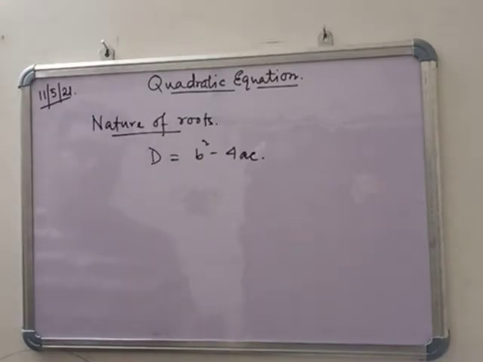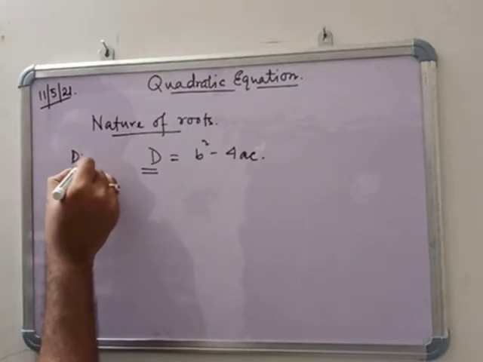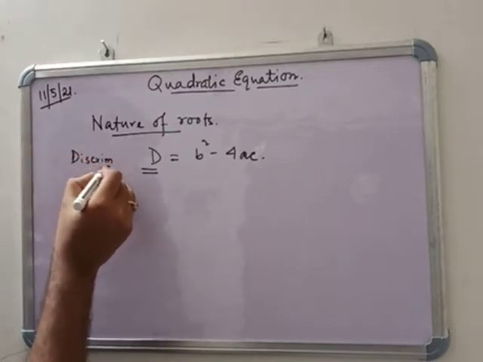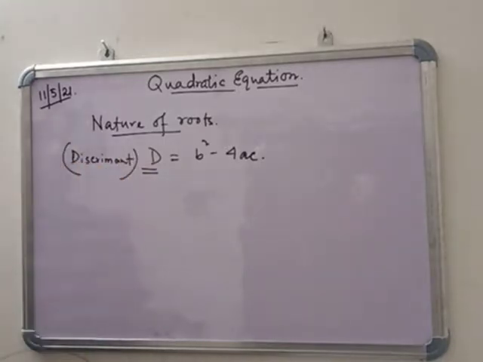This is called the discriminant. D means discriminant, and D equals b square minus 4ac.